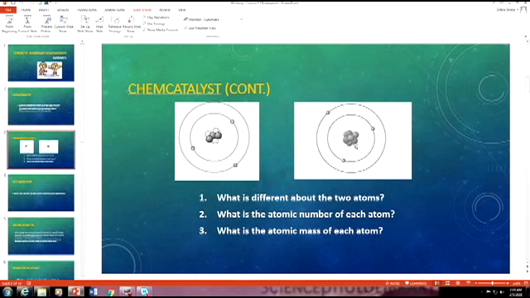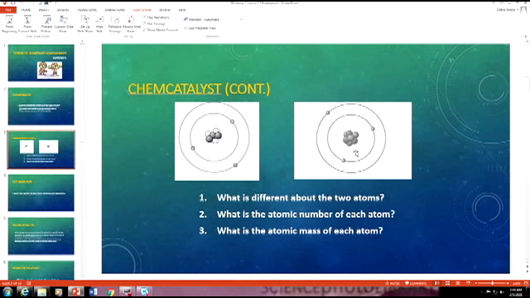What's the atomic number of each element? They're both lithium, they both have 3 protons, so the atomic number is 3. What's the atomic mass of each? Now here's where the difference is going to be. The mass number of each atom is the protons and neutrons together. So when you see this one, we have 3 protons, 3 neutrons, so the atomic mass of the atom on the left is 6.